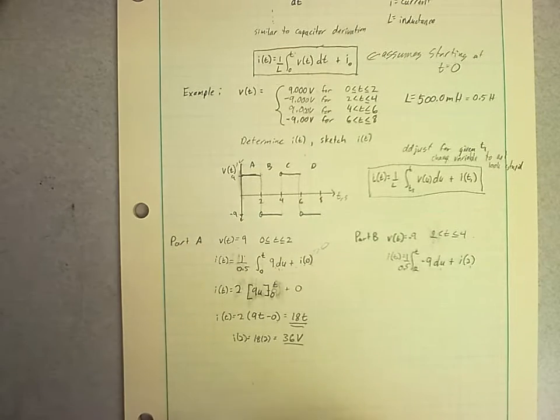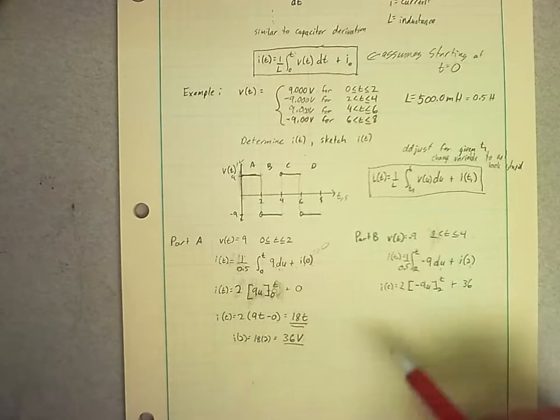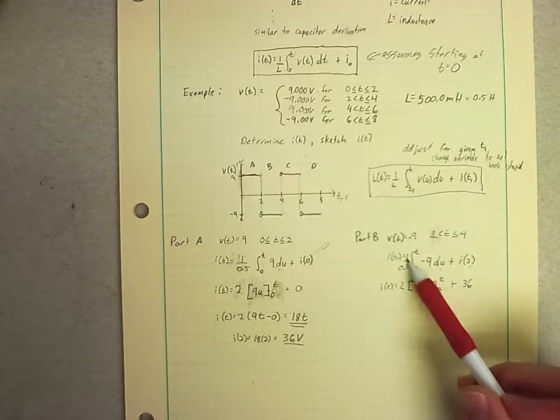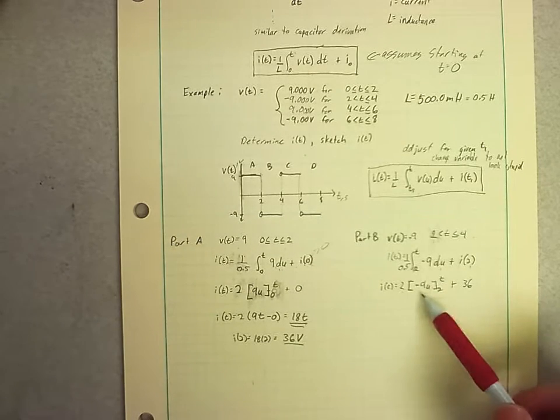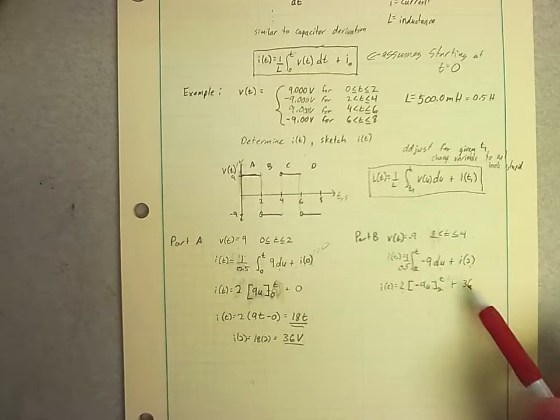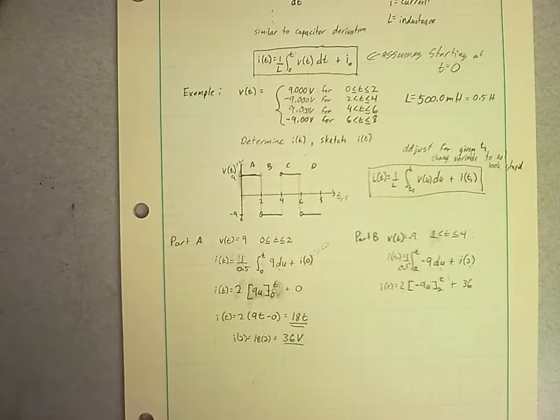I know the integration part is going to be very similar, but let's go ahead and do it. Again, the antiderivative is negative 9u. The leading coefficient simplifies to 2. I'm evaluating from 2 to t though, so it'll be a little bit different inside when I plug in values. And I've got 36 for my I of 2.